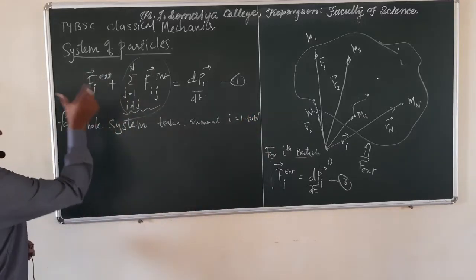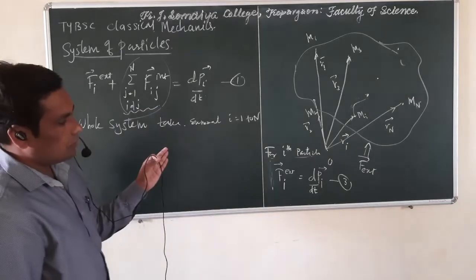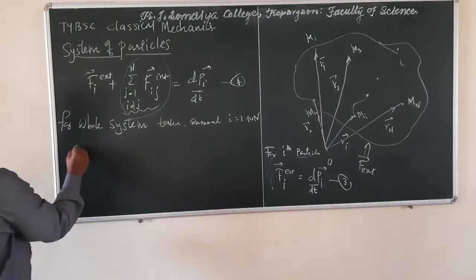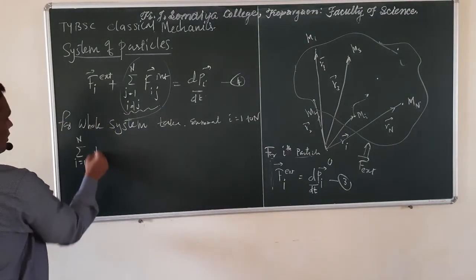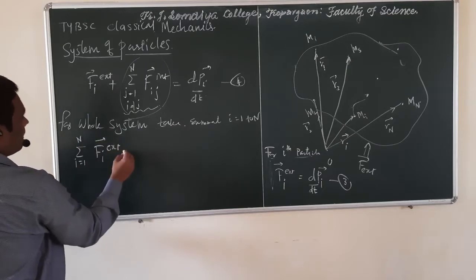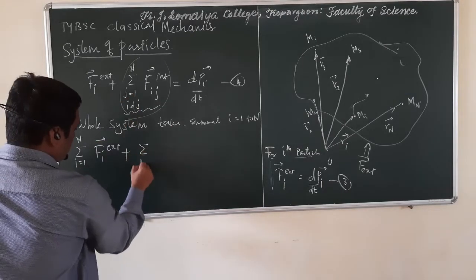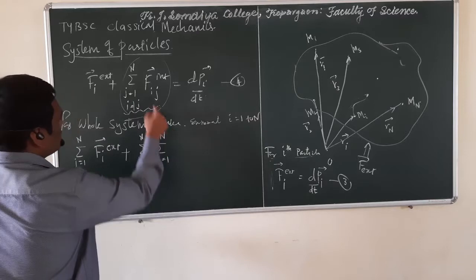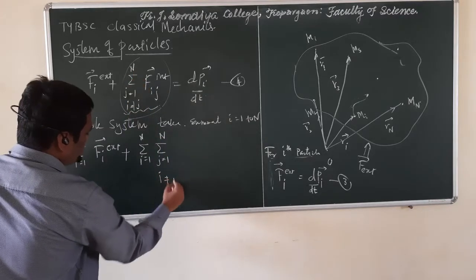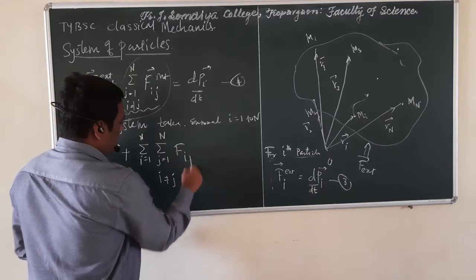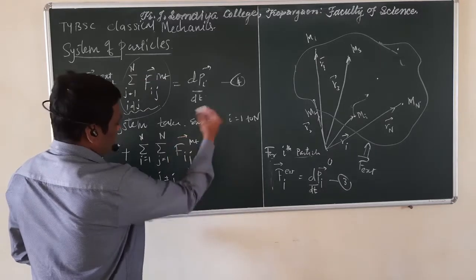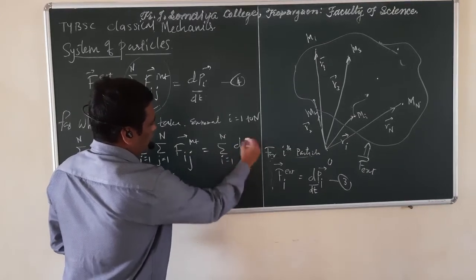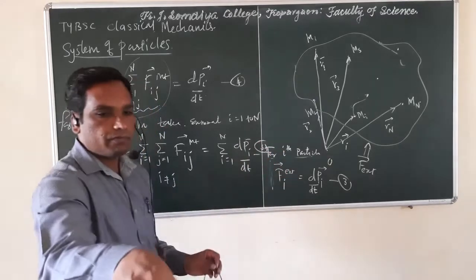Which means for the whole system, equation 4 will become summation over i running from 1 to n of Fi external, plus summation over i running from 1 to n, again summation over j running from 1 to n, i is not equal to j, Fij internal, equals summation over i running from 1 to n of dpi by dt. Call this equation number 5.